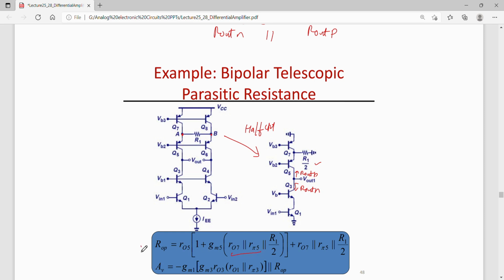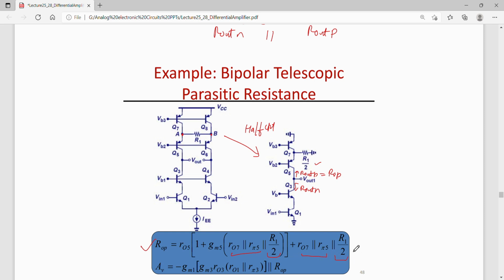So this is the R out P, that is the output impedance of the PNP cascode. Okay. Where I see RO7 and R pi5, I'll have to also include R1 by 2 in parallel. Okay. Similarly between Q5 and Q7, I'll have to again include R1 by 2 in parallel.